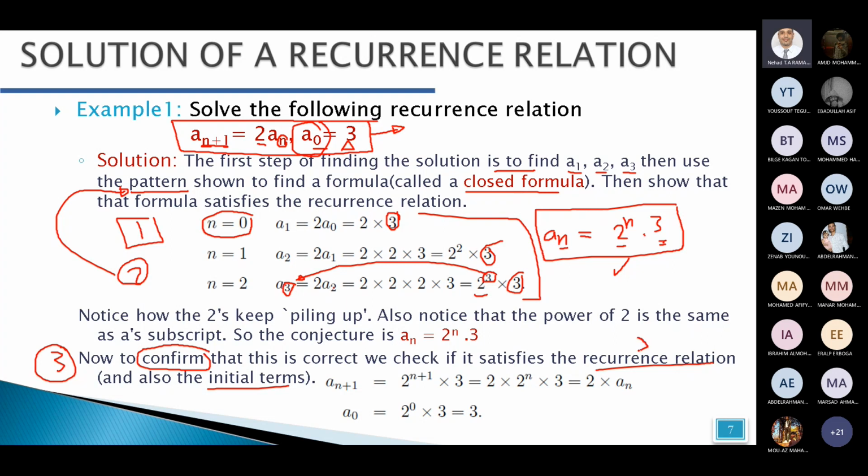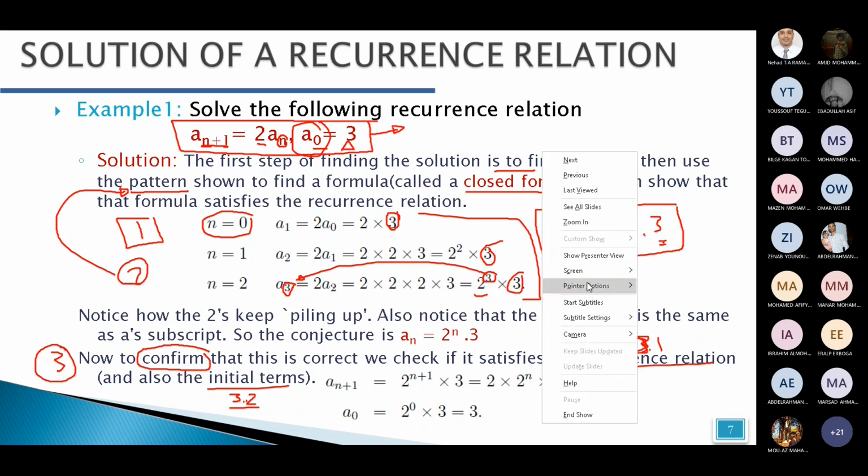So you can set this as step 3.1, to check if it satisfies the recurrence relation, and step 3.2, to satisfy the initial terms. You can check the initial term first, then the recurrence relation, or the recurrence relation first, then the initial term. It's up to you.